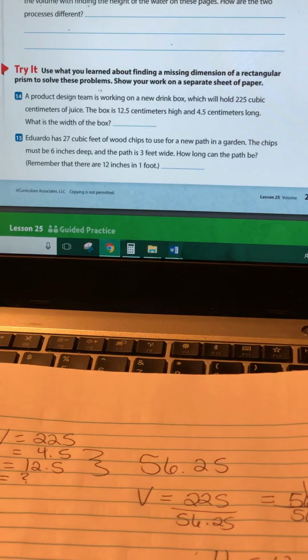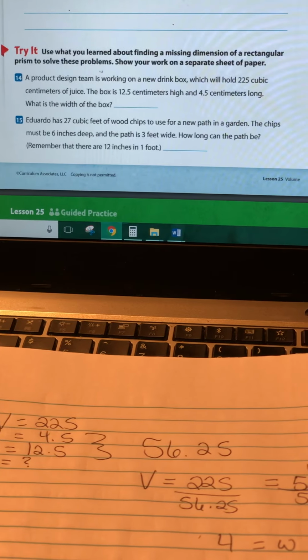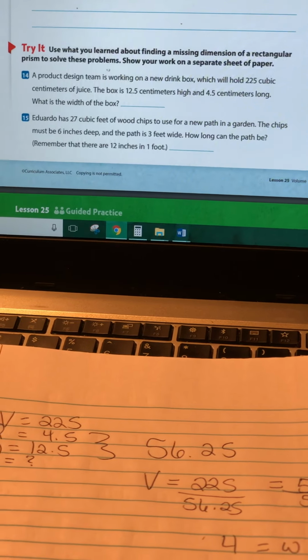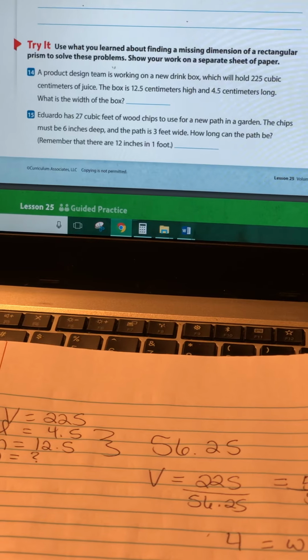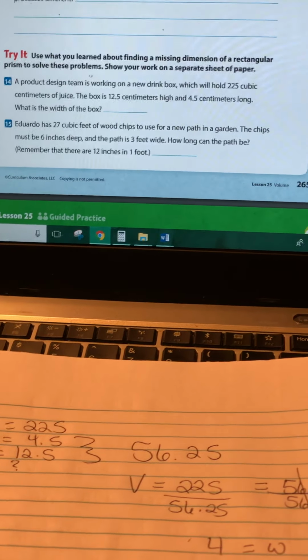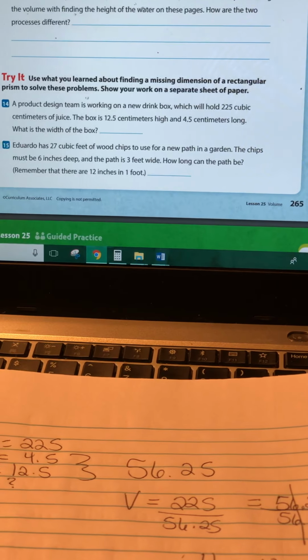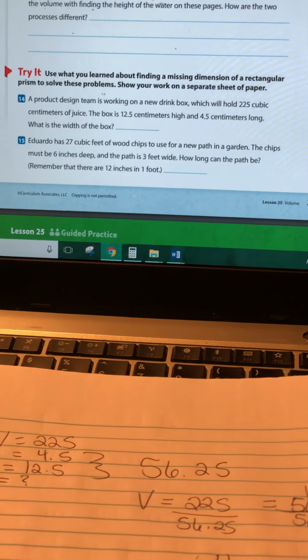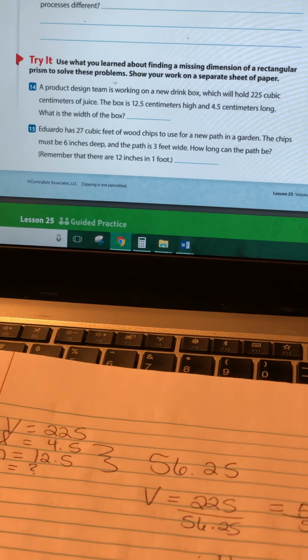So remember that 6 inches is not going to be 1 foot, so don't multiply by that. 6 is half of 12, so that means it's going to be half of a foot, if that makes sense to you. So just think about the conversions. 6 is half of 12, so half of 1 foot is half a foot. Okay, so that's what we're going to use to work this problem out.